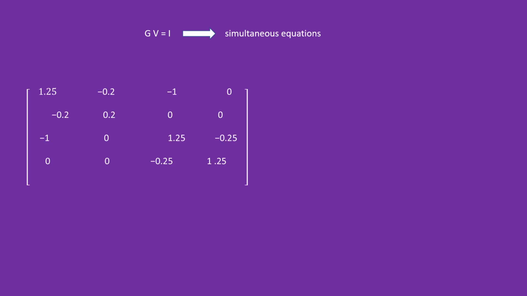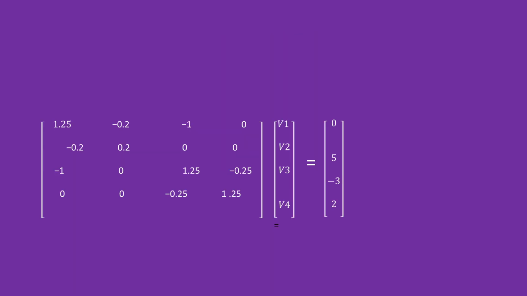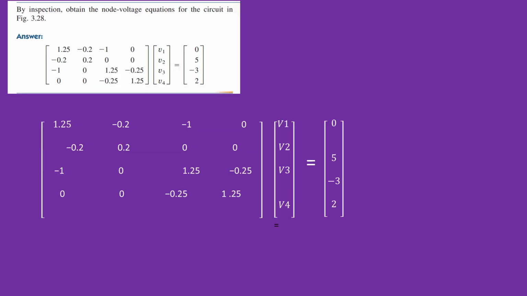Now we write the simultaneous equations in matrix form: the conductance matrix multiplied by the node voltages gives us the current source values, that is 0, 5, minus 3, 2. So we got the answer. Now it's time to verify our answer with the answer given in the book. Yes, we got the same answer as given in the book. Thank you.